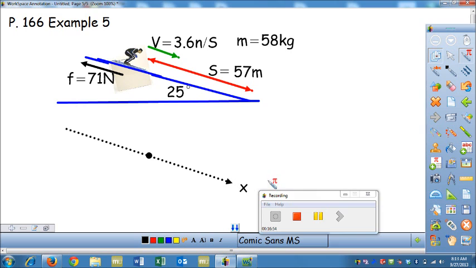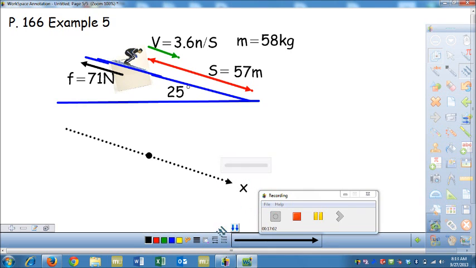And so we know that we've got a force. It's going to be a solid line, an arrow, I'll make it blue, coming straight down. That's our mg.